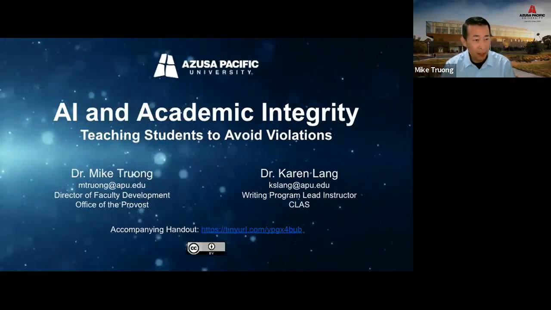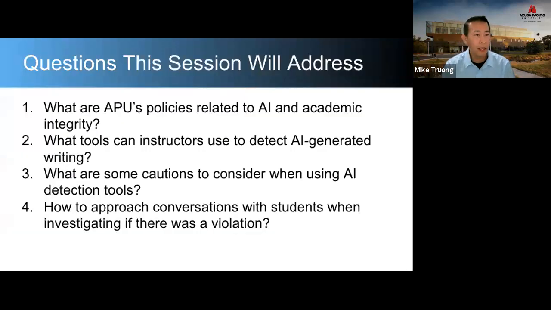So we're going to get going. Let me go ahead and advance the slide here. These are the questions that we'll try to address today. What are APU's policies related to AI and academic integrity? I know we've been pushing the resources out from time to time, but there are still a lot of questions about what they are and where I can find them.